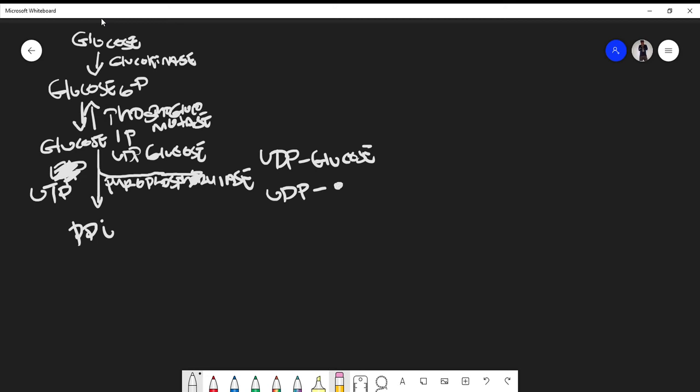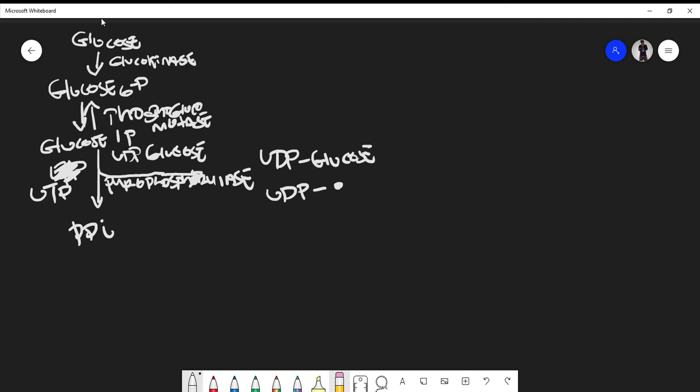We need glucose in this form because this is the form that glycogen synthase, the enzyme that does glycogen synthesis, recognizes. However, we actually have a problem. Glycogen synthase just cannot use UDP glucose for glycogen synthesis.